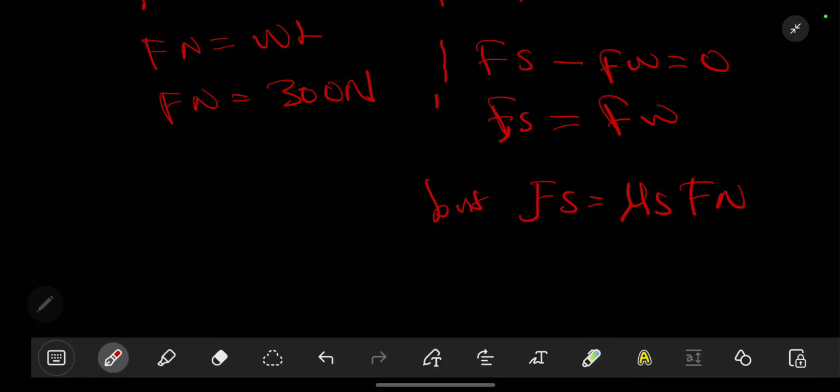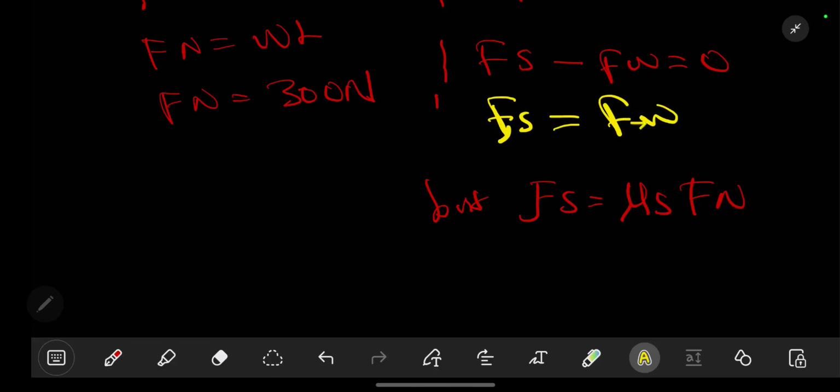So we have our Fs equal to our coefficient of static friction times the normal force. We don't have it, so we can just keep this equation for now. Remember that the frictional force is equal to the weight on the wall.